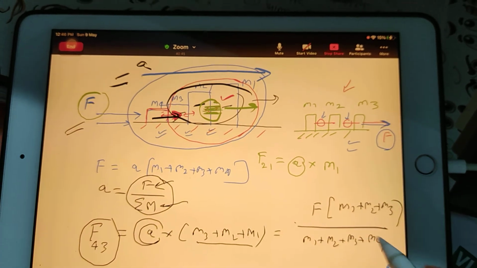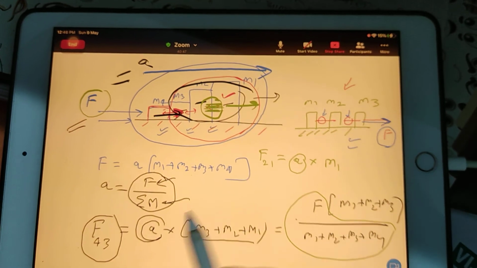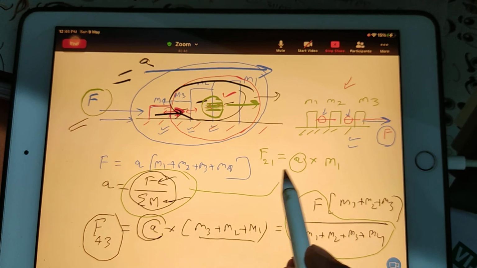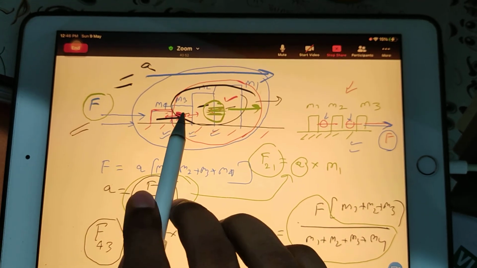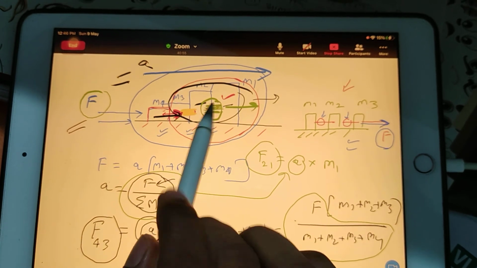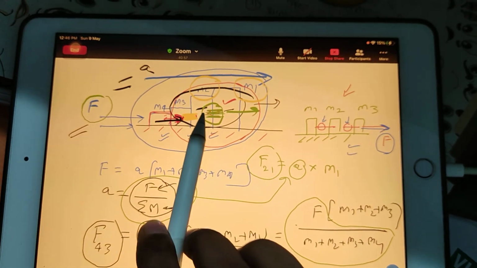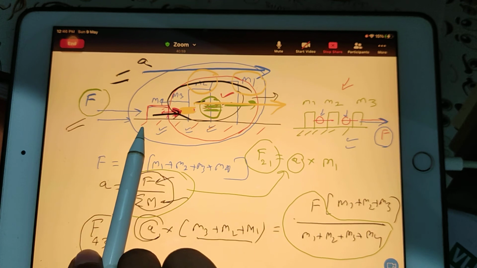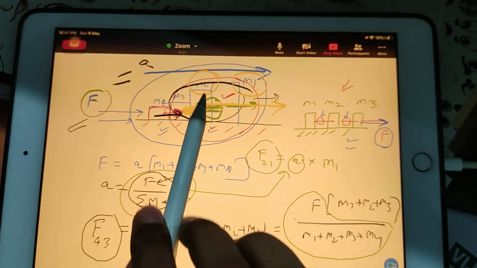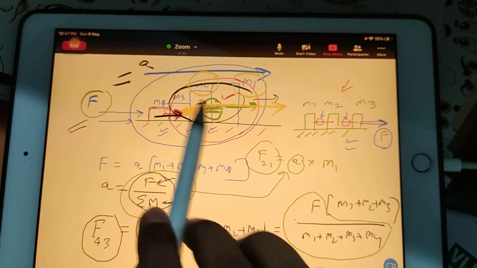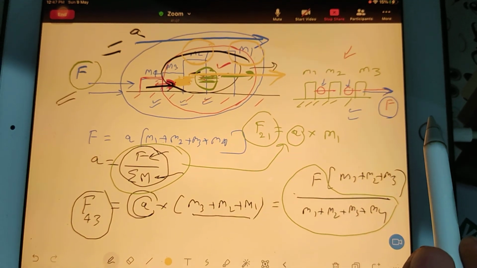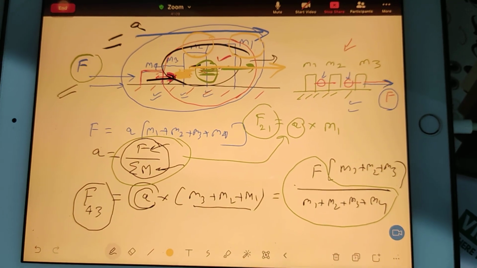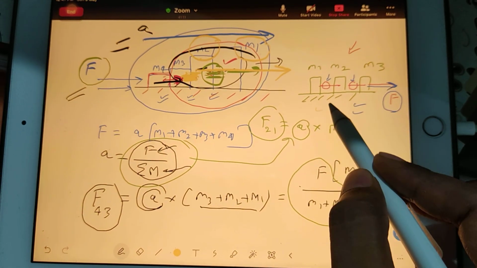And the acceleration value, again you replace with this value, and you will get that contact force. And if you are targeting this middle contact force, again the same: m1 and m2, these two masses are being pushed in this direction because of this contact force. So it is m1 plus m2 times the entire acceleration, right? Clear? Okay, if this part is clear, then we'll understand the next part now.